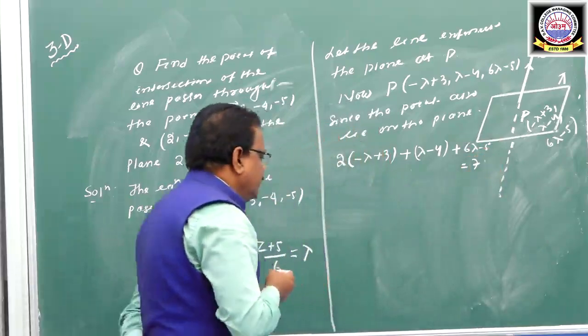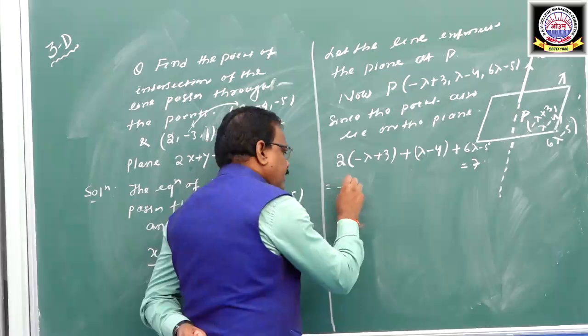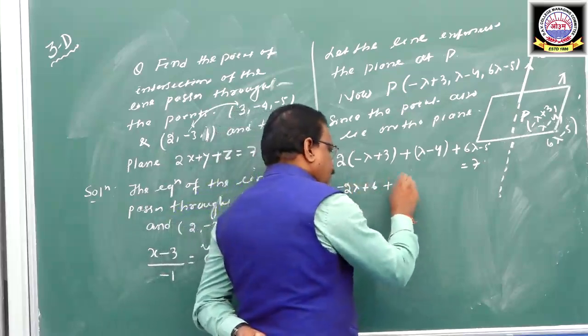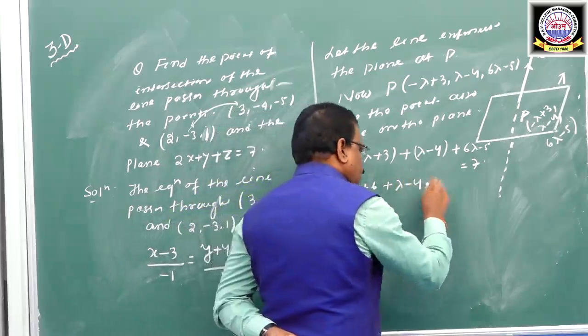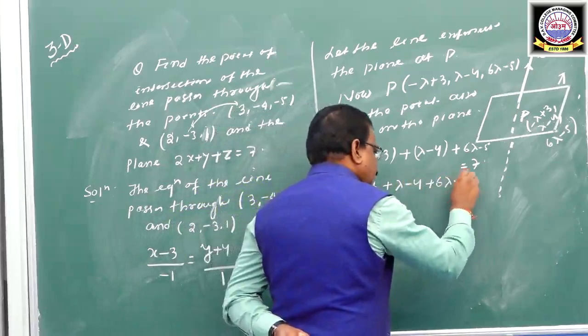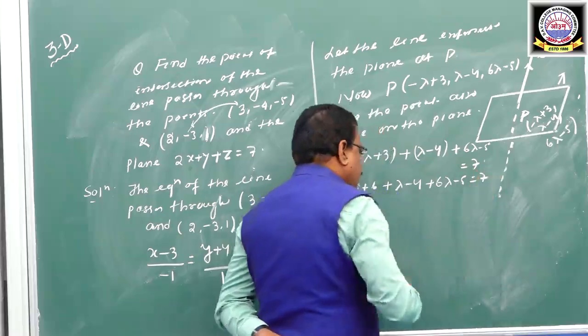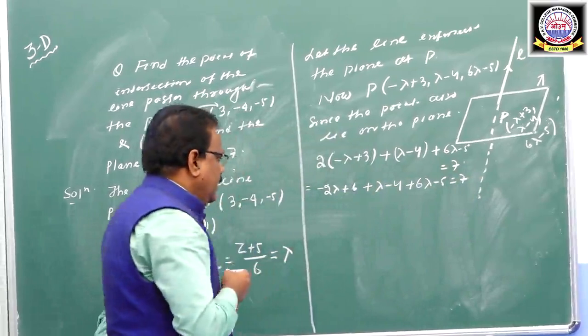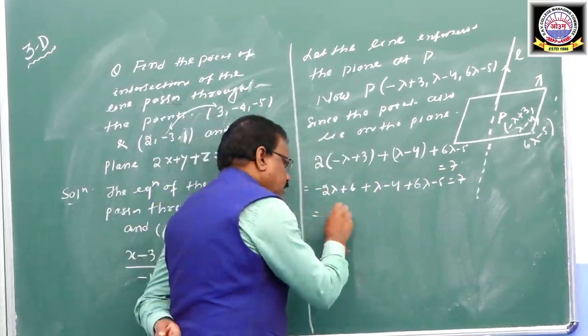So multiply: minus 2 lambda plus 6 plus lambda minus 4 plus 6 lambda minus 5 is equal to 7. 6 lambda plus 1 lambda is 7 lambda, 7 lambda minus 2 lambda becomes 5 lambda.